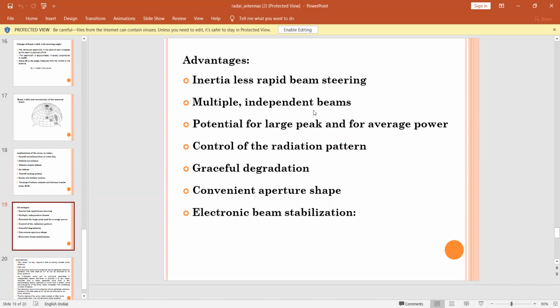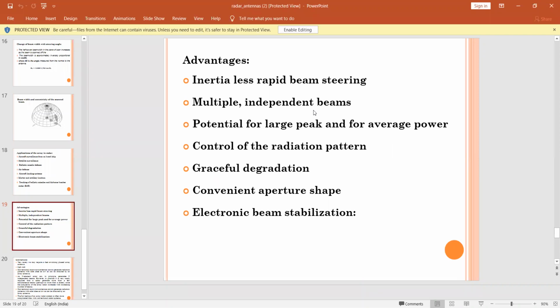Next is control of radiation pattern. A particular radiation pattern may be more readily obtained with an array than with other microwave antennas, since the amplitude and phase of each array element may be individually controlled. Thus, a radiation pattern with extremely low side lobes or with a shaped main beam may be achieved.